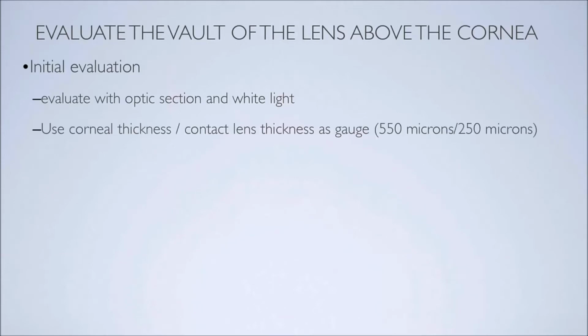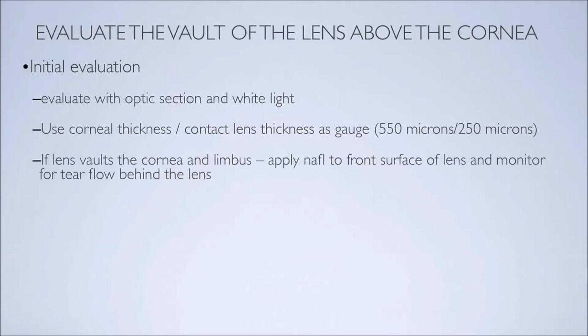I look at the corneal thickness, which usually is approximately 550 microns, and I look at the thickness of the contact lens, which may be 250 microns or 300 microns, depending on the lens you're putting on the eye. And I evaluate the cornea and the lens vaulting over the cornea from limbus to limbus and actually beyond the limbus.